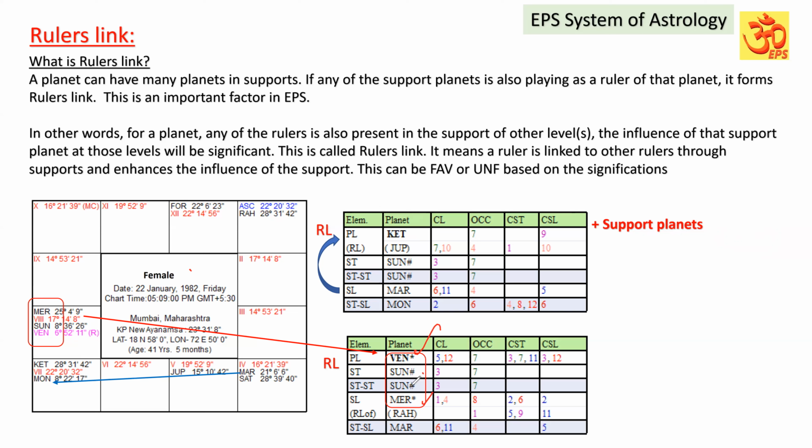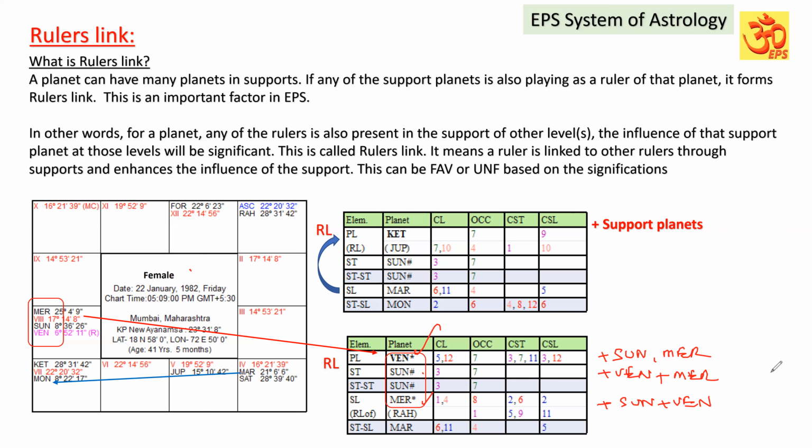So Venus is conjoined to the Sun and Mercury, and also Venus is in the nakshatra of Sun and sub of Mercury. It means Venus will have Sun and Mercury in support. Similarly, Sun will have Venus and Mercury, and Mercury will have Sun and Venus in its supports.